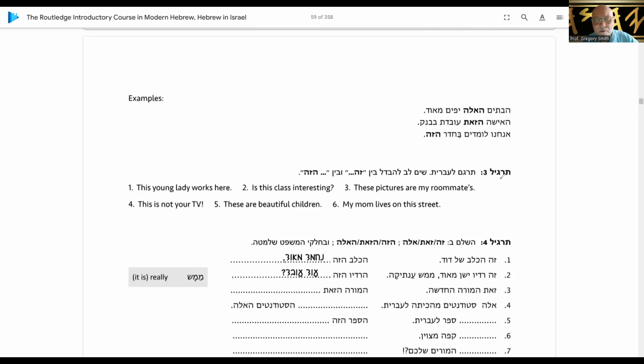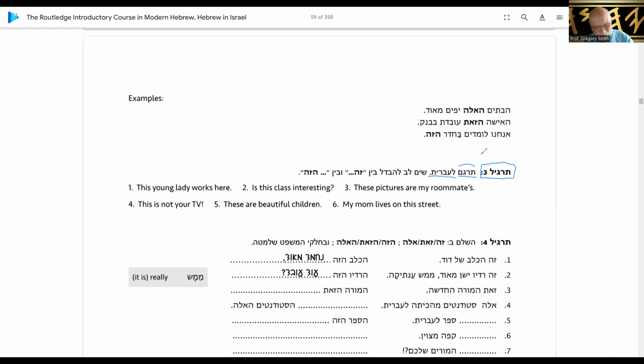Okay, so now we're down to Targil 3, which is exercise 3. And what does it say here? Let's see, Targum La Ivrit. Okay, that's right.